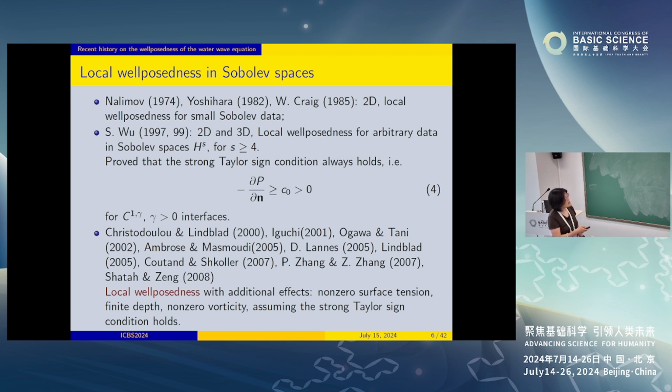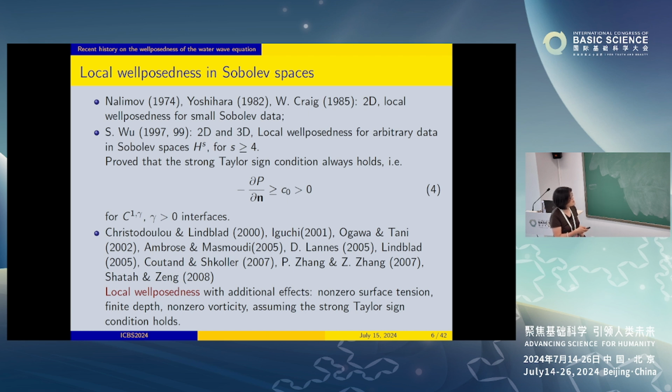Yoshihara is also small data, but there's a fluid bottom that does not interact with the interface, okay? So if there's no interaction of the interface with the bottom, both in 2D and the same with water waves. So in 2D, for small data, you can solve the equation for a short period of time, okay?